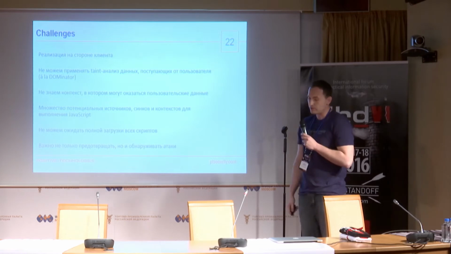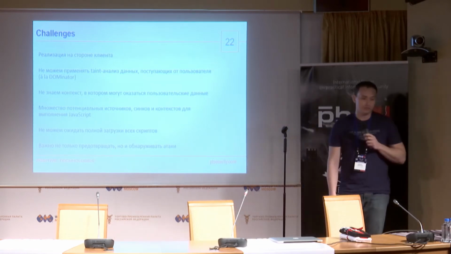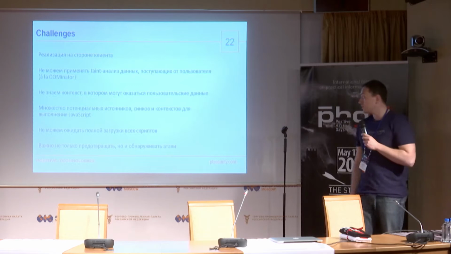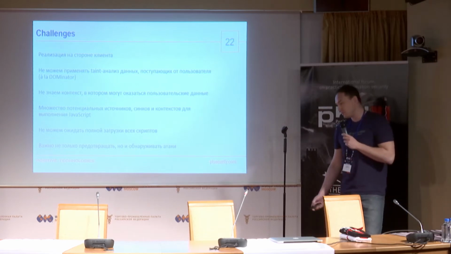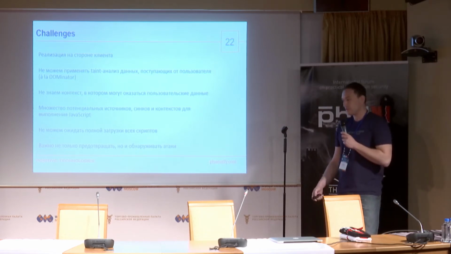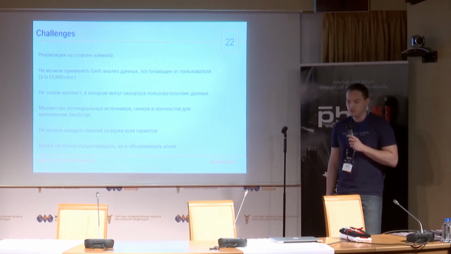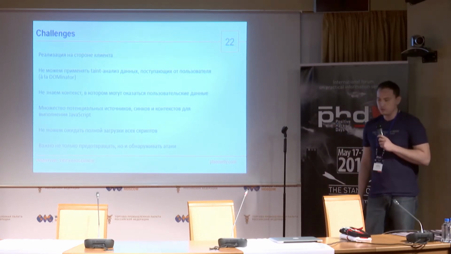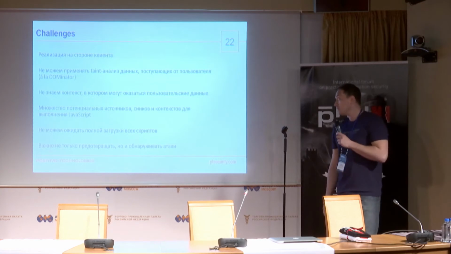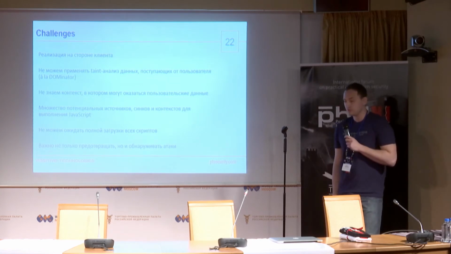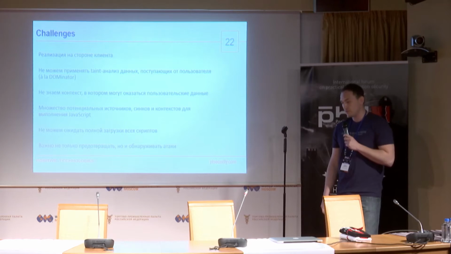What do we have? We want to implement it on the client side to be able to use DOM XSS. If we look at all the tools that are used to identify DOM-based XSS, we will see that the classical method is about identifying sources and potentially dangerous functions, which is sink.